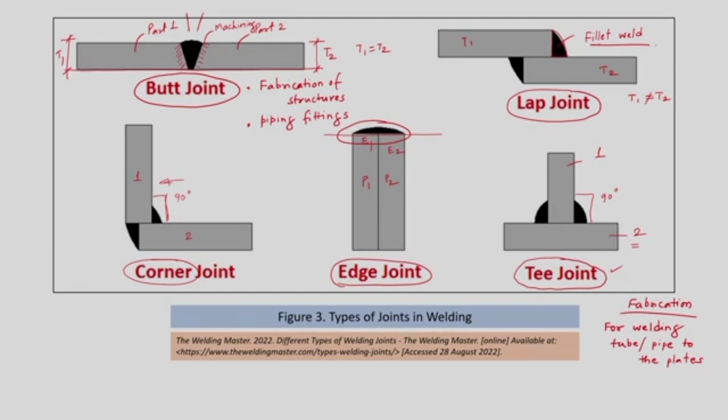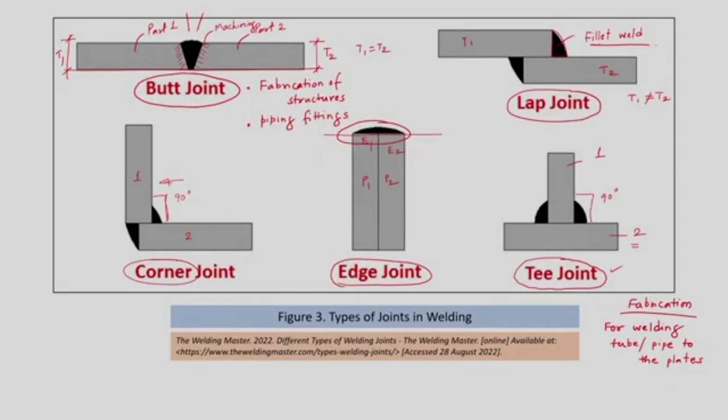There are various parameters which affect the quality of the weld, and these parameters are the rate of travel of the electric arc or the source of heat with respect to the workpiece. It also depends upon the deposition rate, that is, at what rate the material is getting deposited between the two joining materials. Heat input, these are all parameters which affect the quality of the weld, and the geometry whatever we have seen is a function of all these parameters.